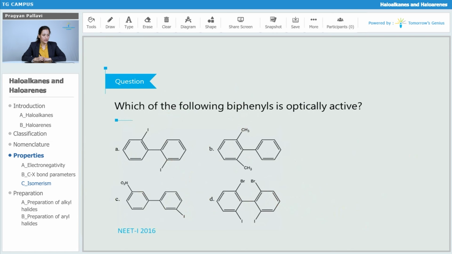Let's see another question. Which of the following biphenyls is optically active? In order to find an optically active molecule, we should know that there should not be any elements of symmetry. If we find any elements of symmetry, then that molecule will not be called optically active. Now here we have iodine and iodine present.